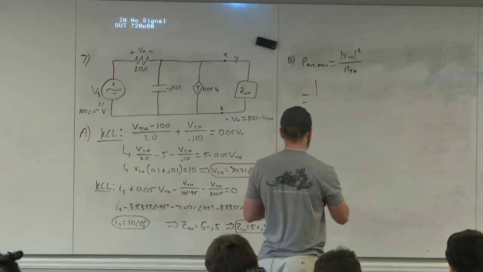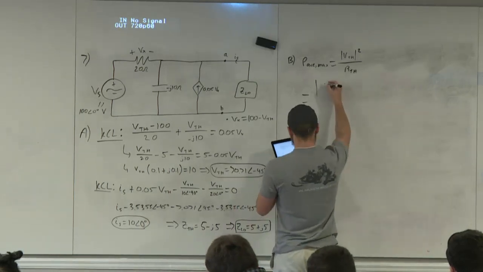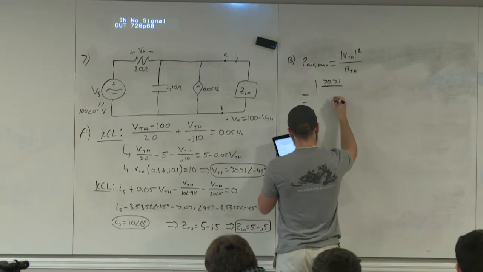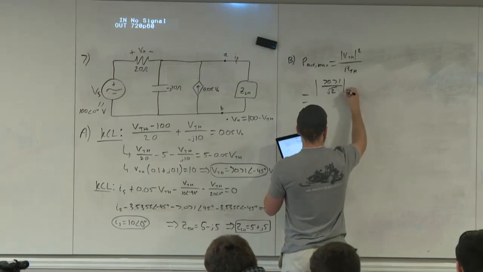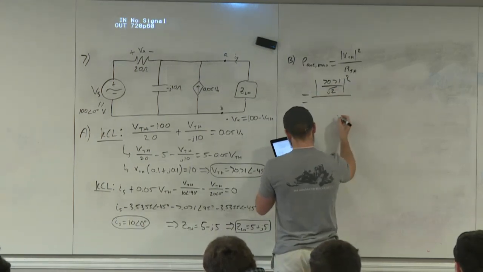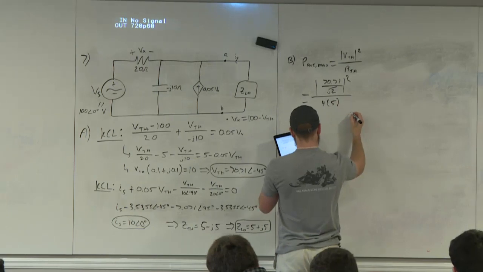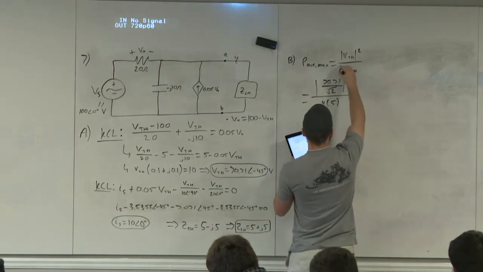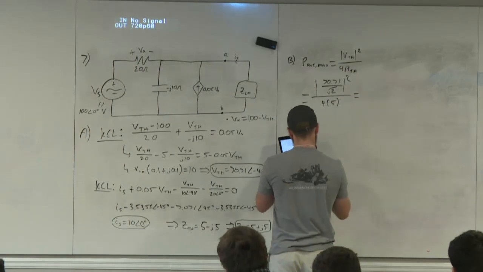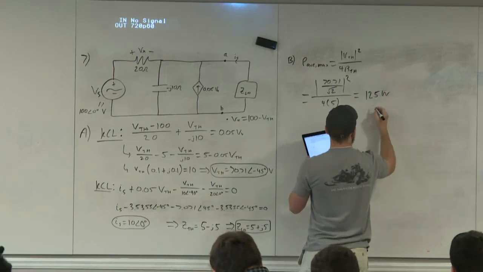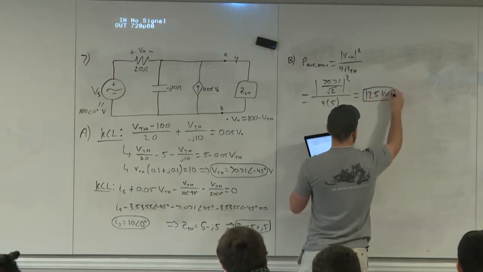So we're going to plug in 70.71 over square root 2, square that, and then divide by R Thevenin, which is 4 times 5. Sorry, this is supposed to be 4. I forgot that. And that ends up equaling 125 watts.